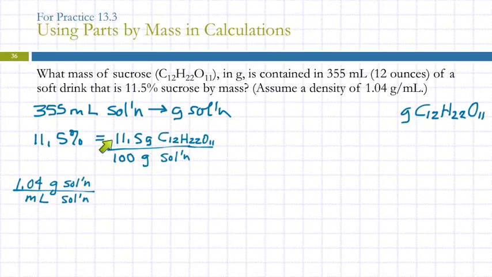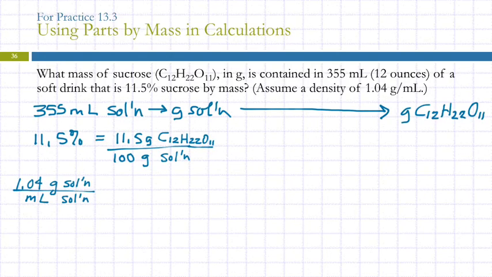Then this relates grams of solution and grams of sucrose. It's going to be one really long arrow, but it's just one arrow. Any questions about how to get the path? That's really the hardest part.